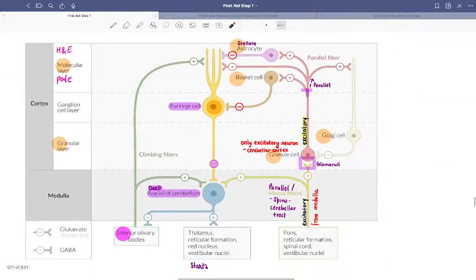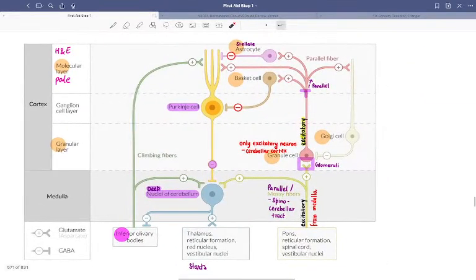So here we have the vestibular nucleus, this is going excitatory from the medulla. All right. So mossy fibers. Mossy fibers go and stimulate two things. Everything here is stimulatory except this Golgi.